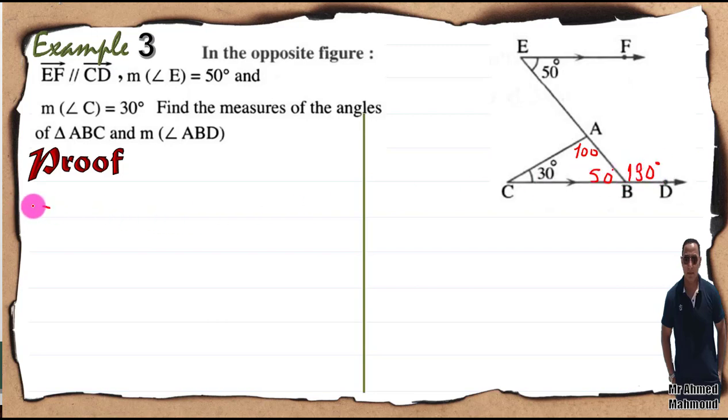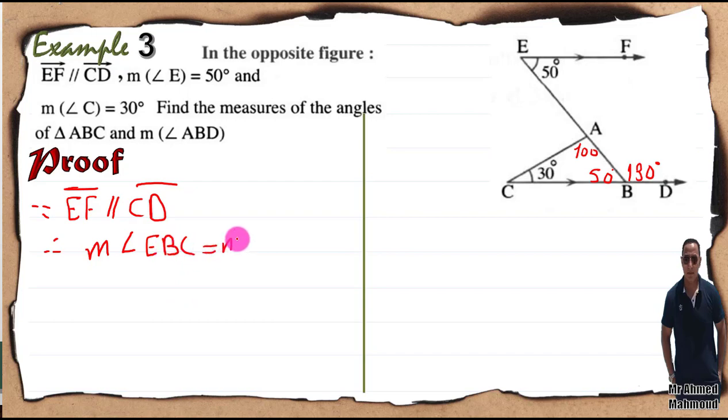Okay, since EF is parallel to CD, therefore measure of angle EBC equals measure of angle E equals 50 degrees, and these are alternate angles.